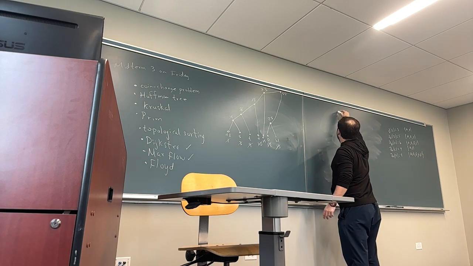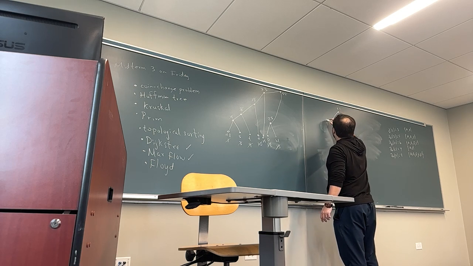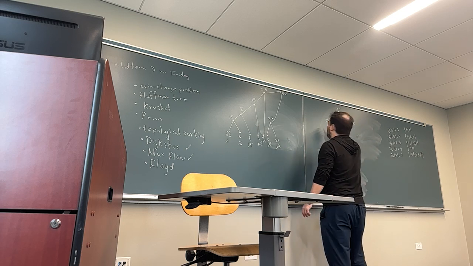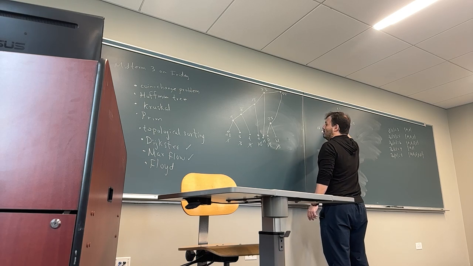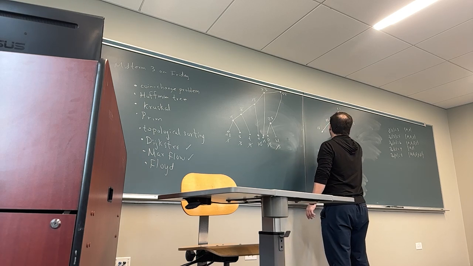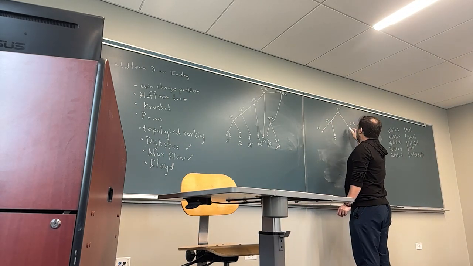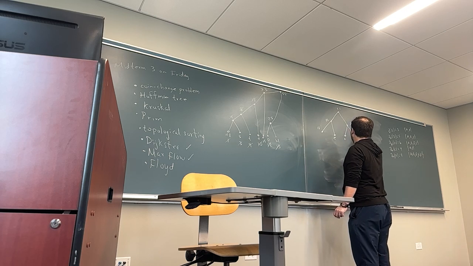Let's see, so we have 58, 33, 25, 18, and E. The 25 breaks into O and blank.